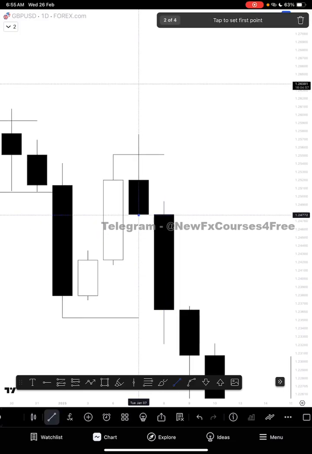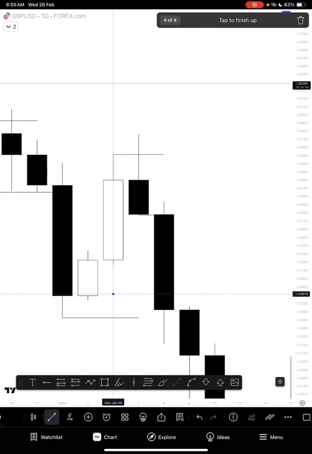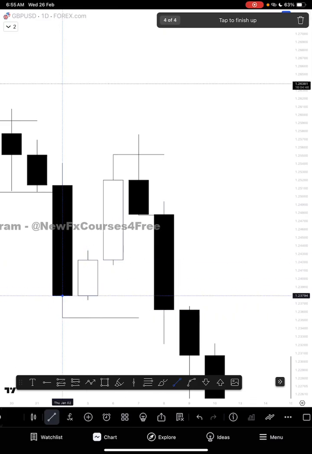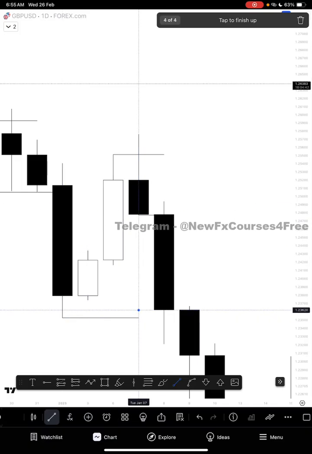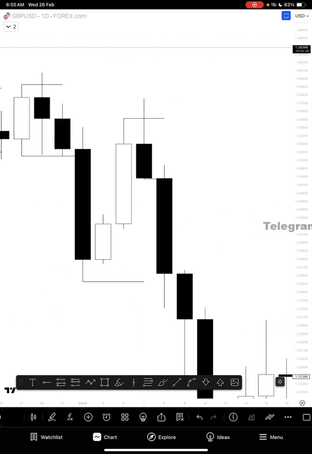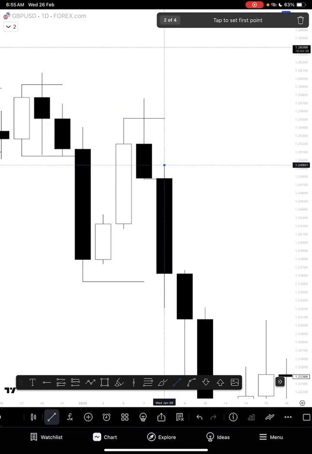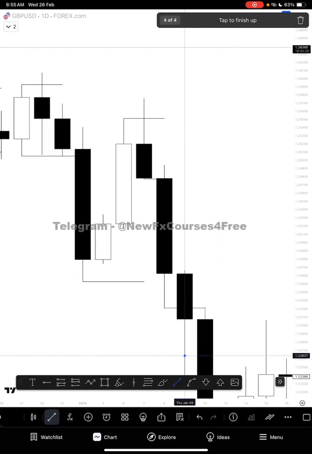Here, closed below this low and sweeping all this liquidity here and taking finally our opposing side of the range, which is this candle's range low. So here, close below lower prices, close below lower prices.